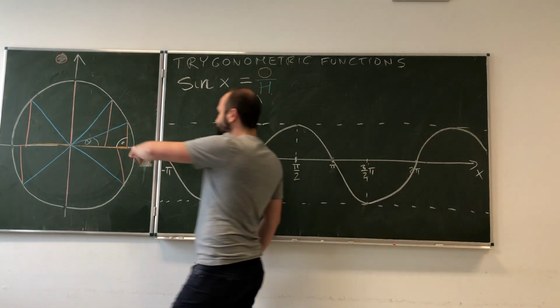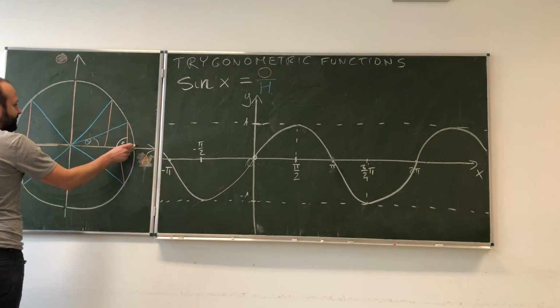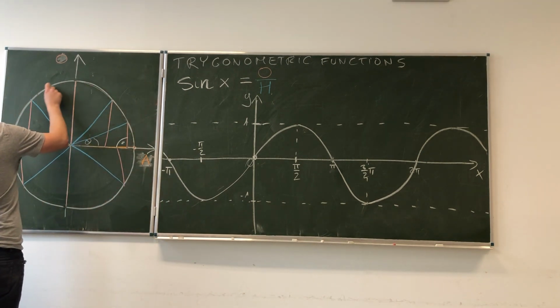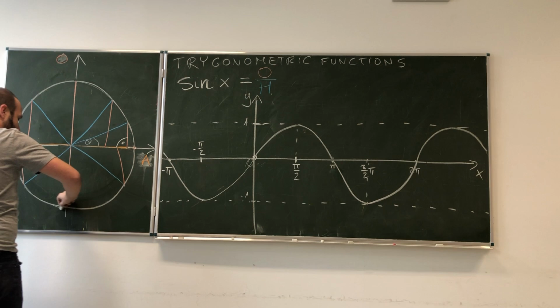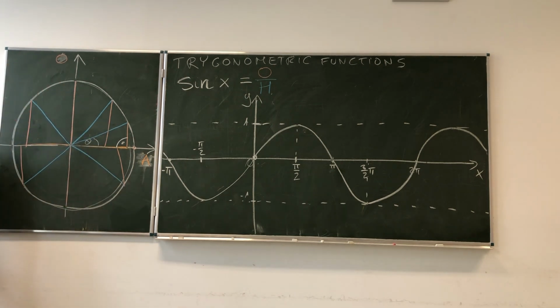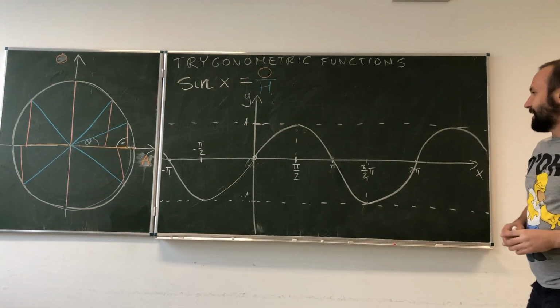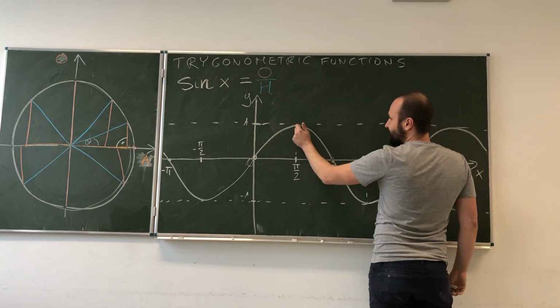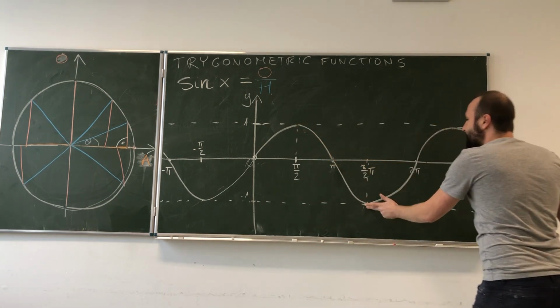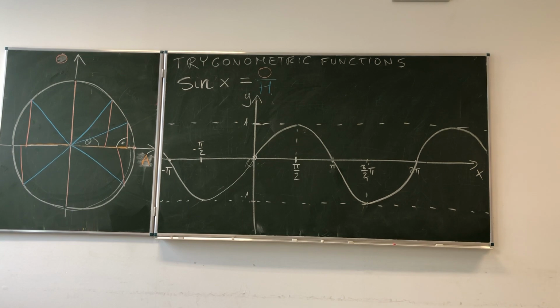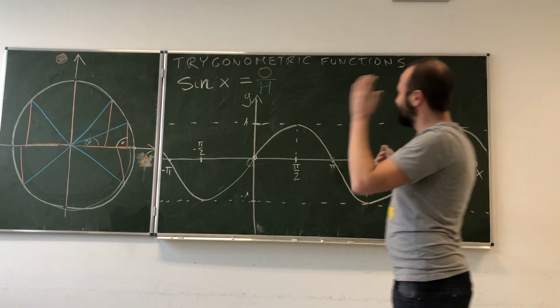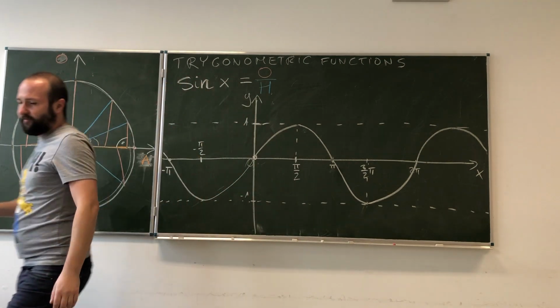Because you can imagine that this is your domain, and every time we make 2 pi, so the angle here is 2 pi, we've made the full circle. We also can notice that the function takes maximum over here at 1, minimum over here at -1. Okay, so this is how we get the sine function.